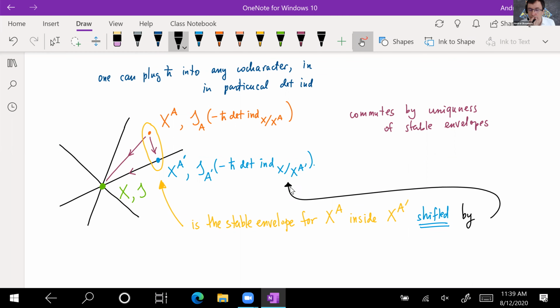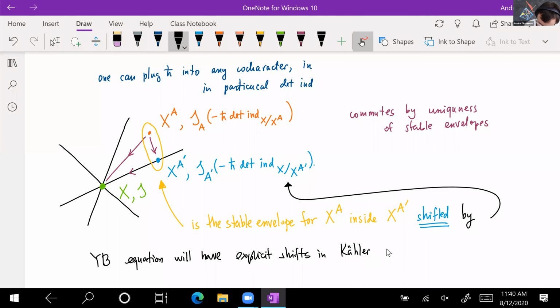Okay. And so in particular, when you write the Yang-Baxter equation, it will have explicit shifts in scalar variables, also known as dynamical.